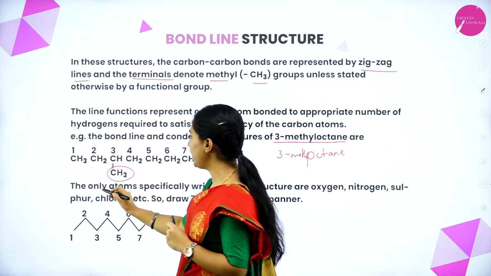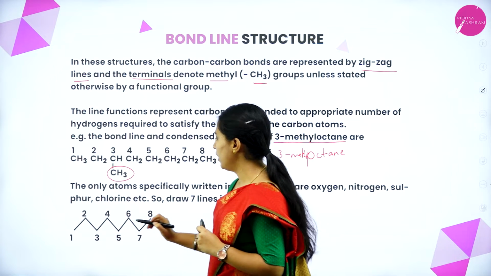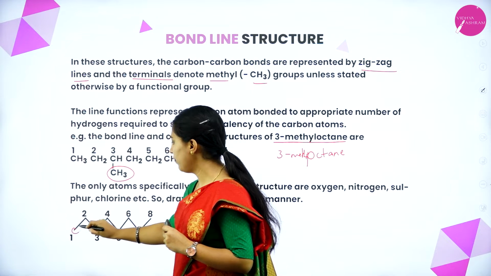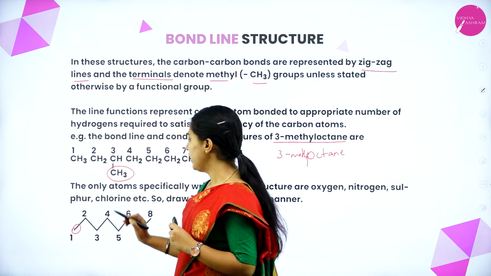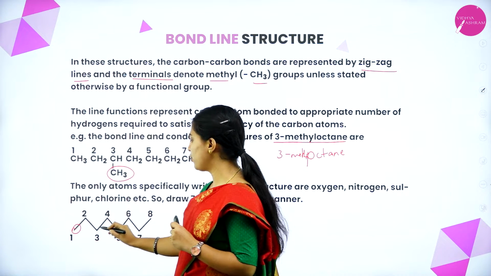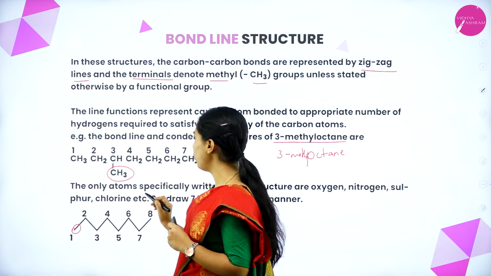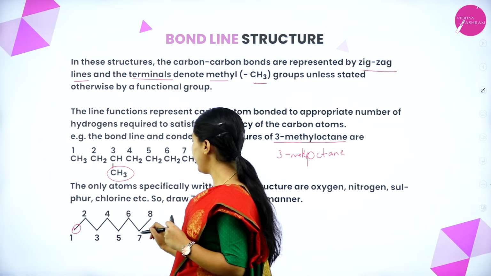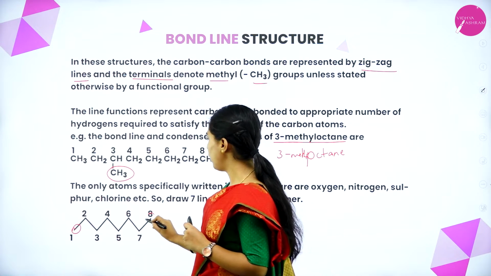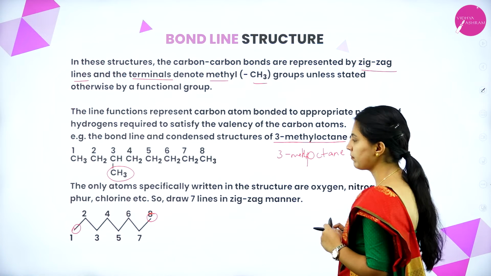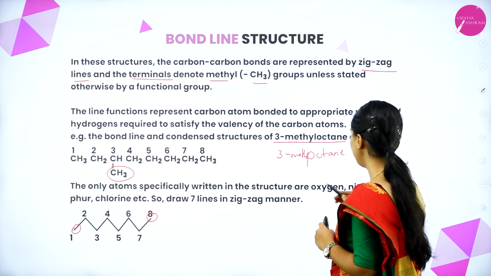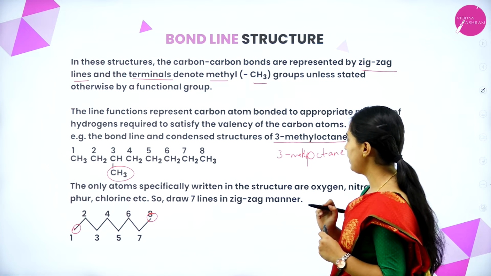But if you want to write it in a bond line, this is CH3, the terminal will be considered as CH3. In the middle, CH2, CH2, CH2, CH2, CH2, again this terminal will be called CH3. Like this you have to write in a zigzag manner.